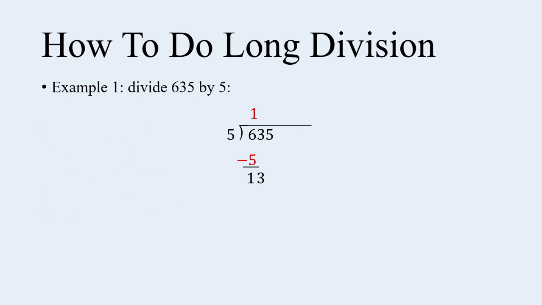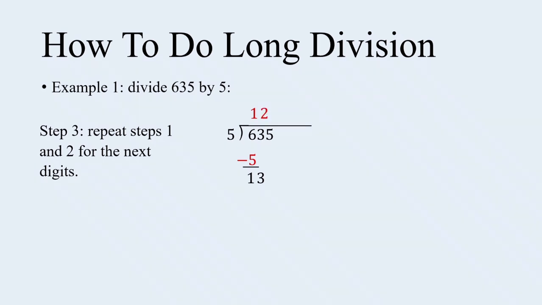Step 3. Just repeat the same process from steps 1 and 2 until you reach the end of the dividend. Then take the remainder if it exists. So, divide 13 by 5 to get 2 with a remainder of 2. Then multiply 2 by 5 to get 10, and therefore subtract 10 from 13 to give us 3.